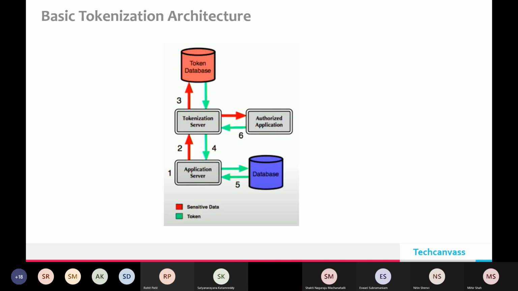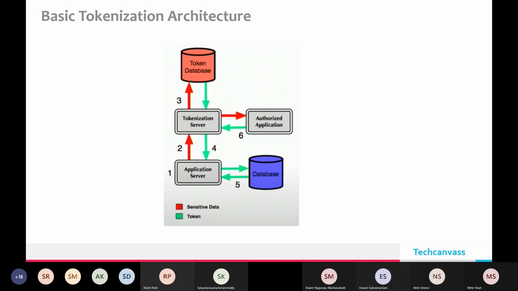And these tokens can be of different types. One is one-time use tokens. Say, for example, I want to take a masked token number only for doing one transaction. Then I can go to the bank's website, say the HDFC Bank website.